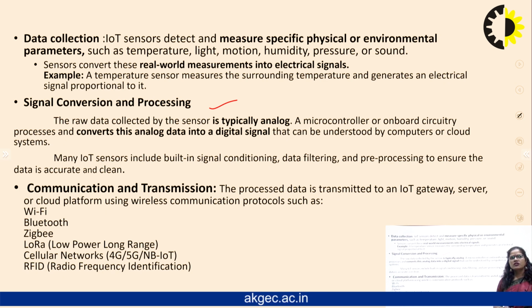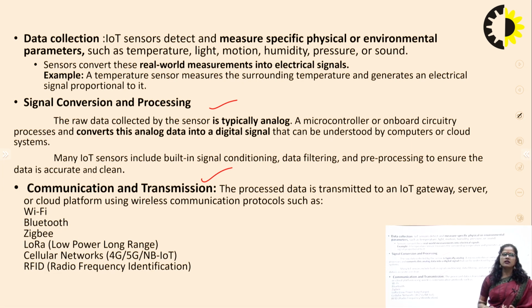So the next step is communication and transmission. Basically, the processed data is transmitted to an IoT gateway, or you can say the cloud platform, where a wireless communication protocol is used to do this task.